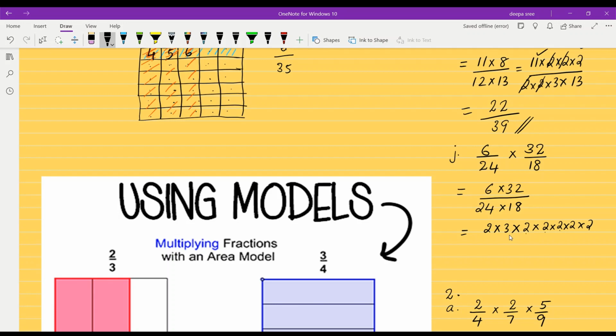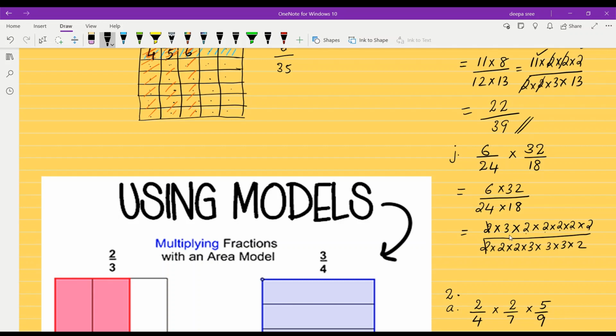Divided by 24, 2 into 2 into 2 into 3, 18, 3 into 3 into 2. All prime factorization we have to do. So now cancel the common numbers.